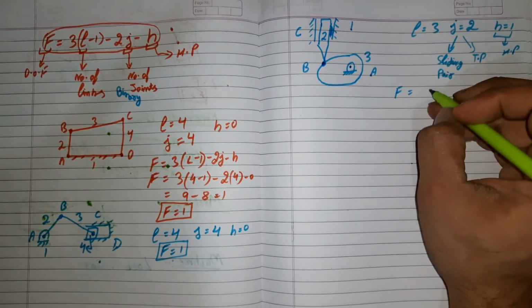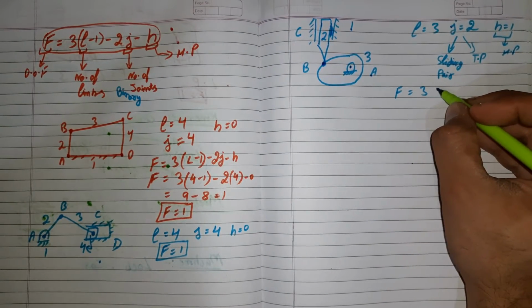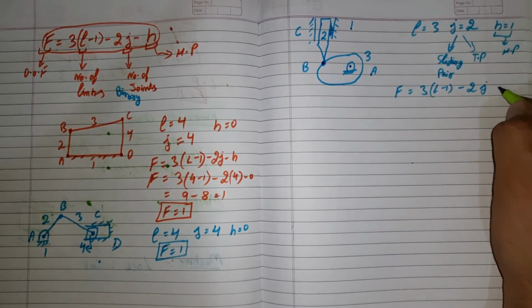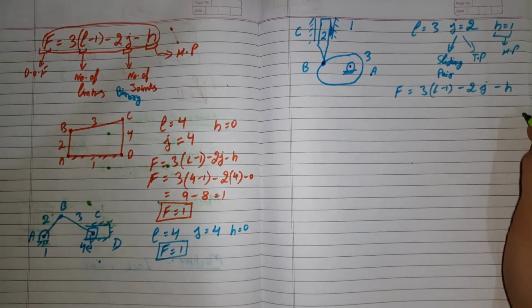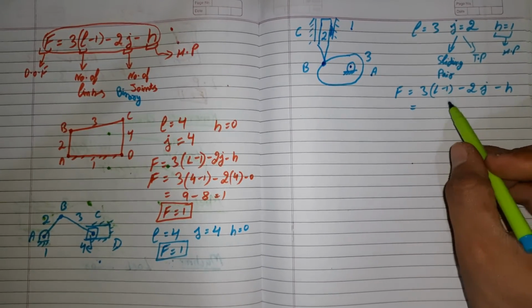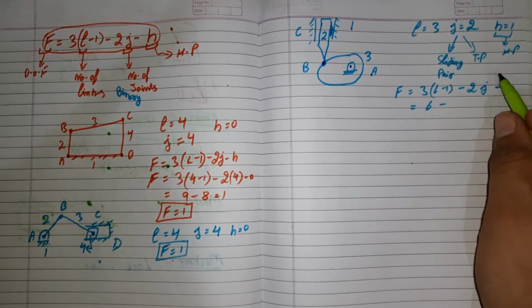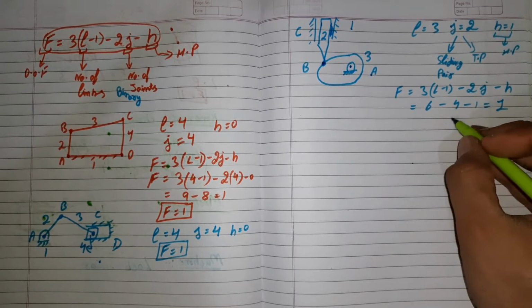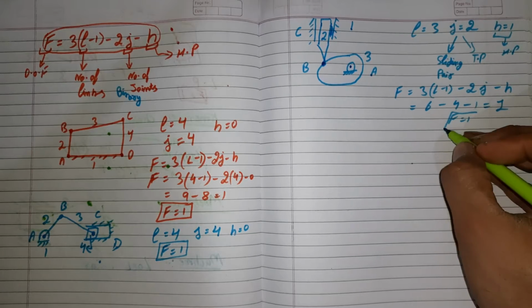If we calculate the degree of freedom, 3L minus 1 minus 2 times binary joints minus higher pair, we will get 6 minus 4 minus 1, we'll get 1. Degrees of freedom will be 1.